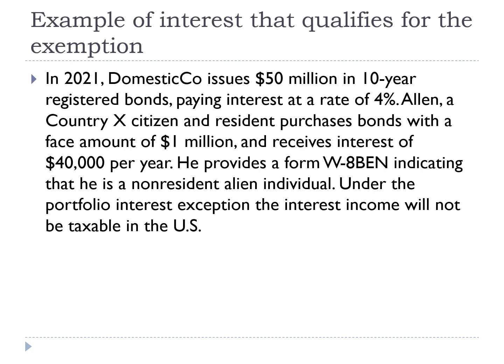He provides a Form W-8BEN indicating that he is a non-resident alien individual. Under the portfolio interest exception, the interest income will not be taxable in the United States and not subject to withholding.